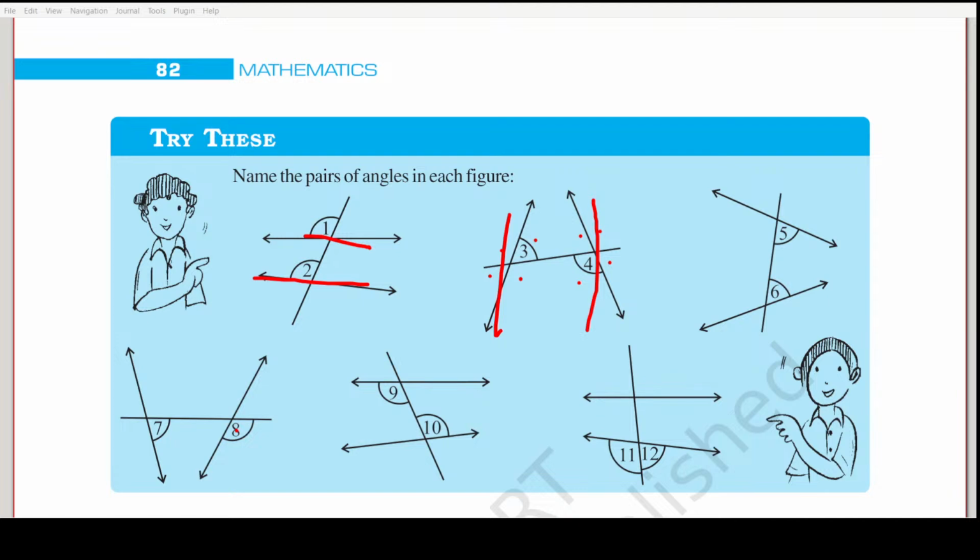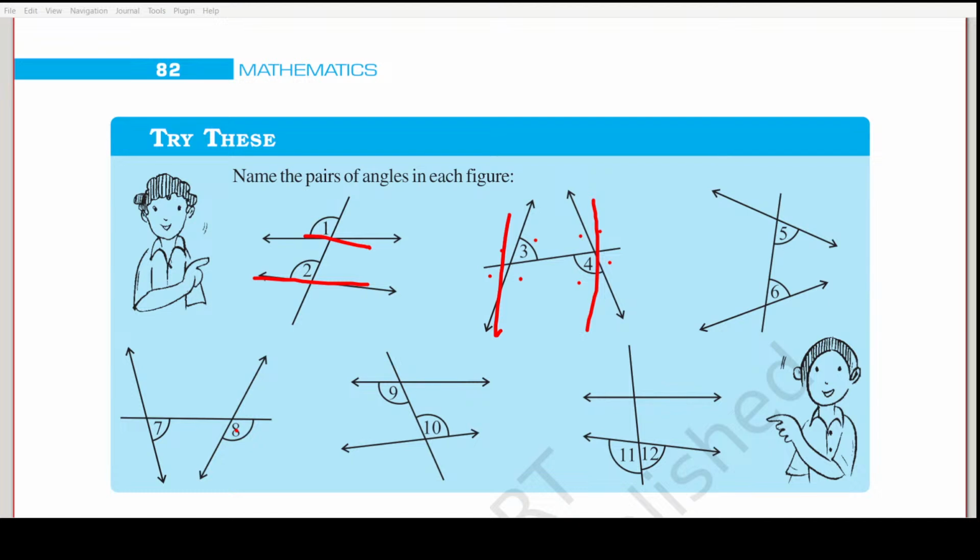Let me just project one more sheet. Can you see? Yes. I'll give you these exercises.